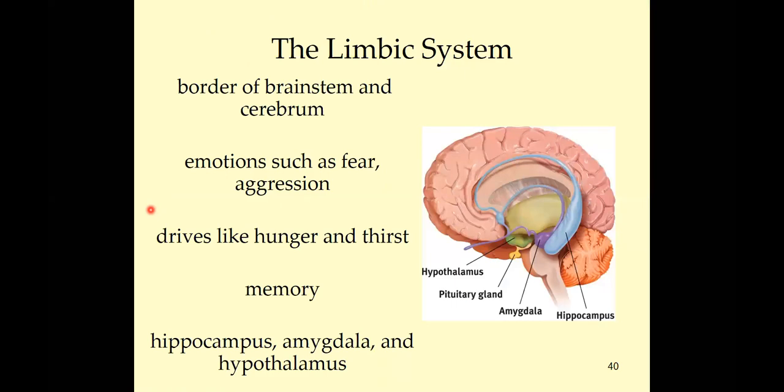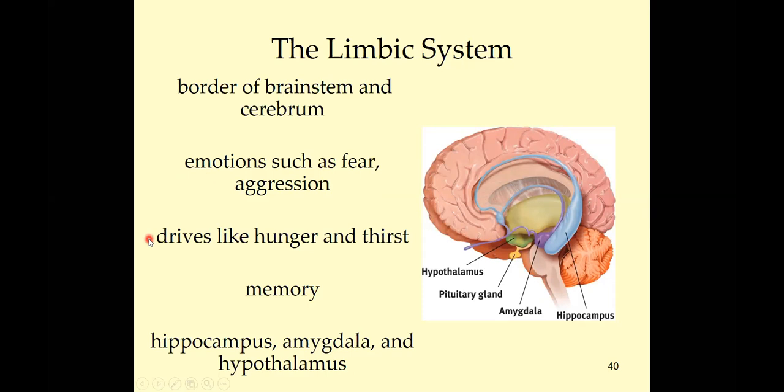So now we have a look at the limbic system. Again, numerous structures, and this borders that brainstem and the cerebral cortex once again, sort of in between structures. It participates in producing emotions like fear, anger, which might lead to aggression.